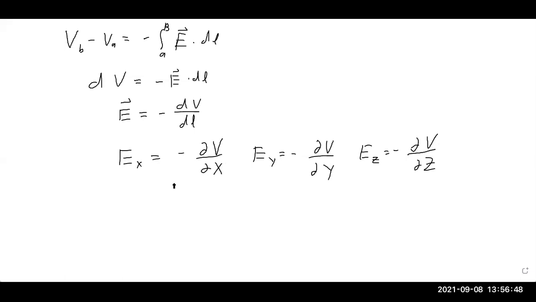And due to this minus sign, it would be a negative x electric field. If moving in the y direction caused you to get to a higher electrical potential, then there would be a minus y component to the electric field, and so on for z. So the spatial derivative of the potential gives the electric field.